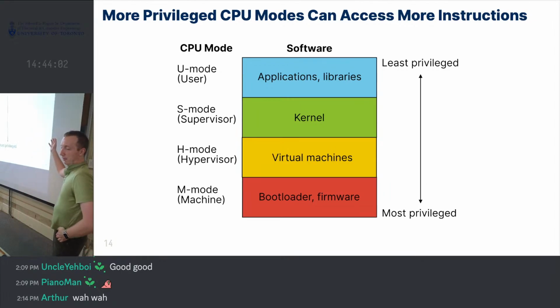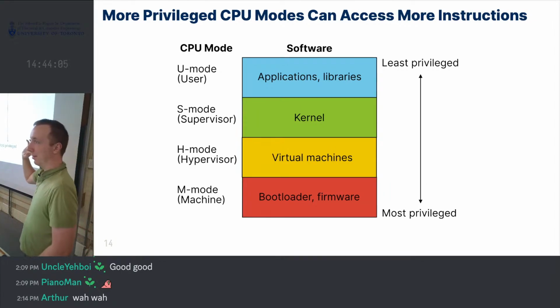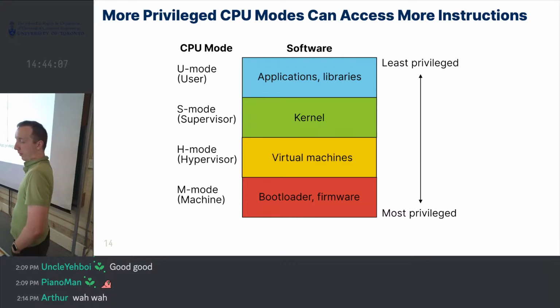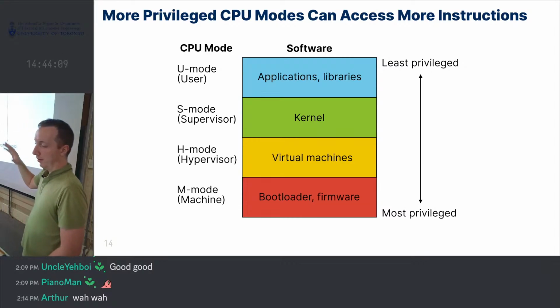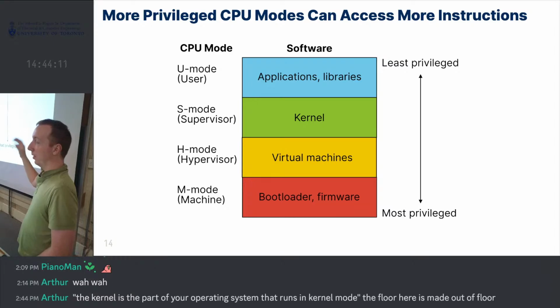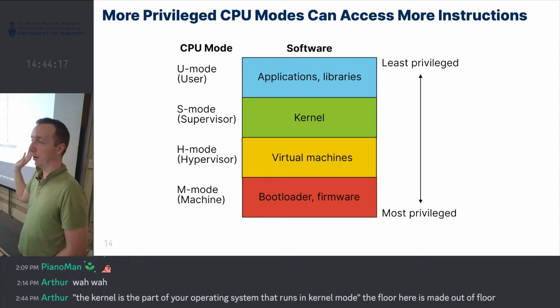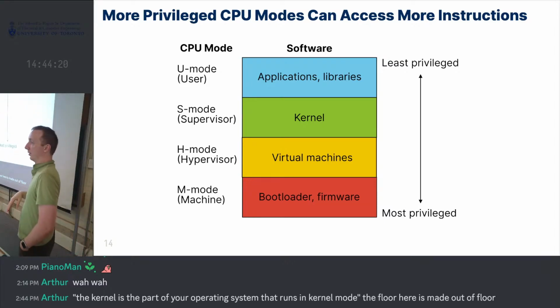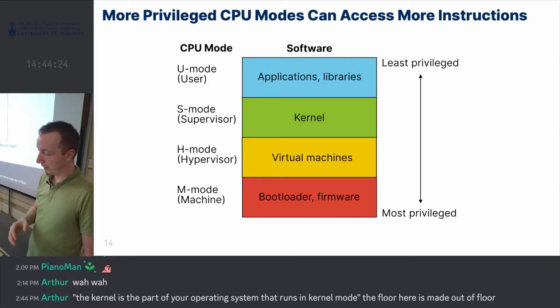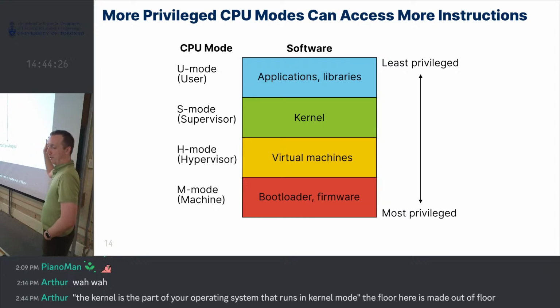It looks like this visually. On some CPUs, there are up to 4 different privilege modes. In CPU mode U, which is called user mode, that's where your applications and everything execute. You don't have access to any special instructions. If you try to execute a special instruction, it'll say illegal instruction and kick you out. S mode is the supervisor.